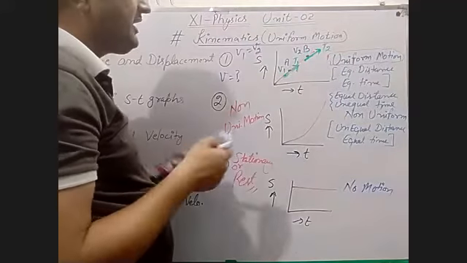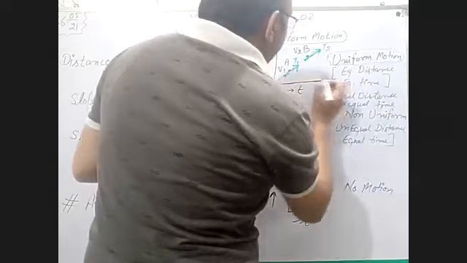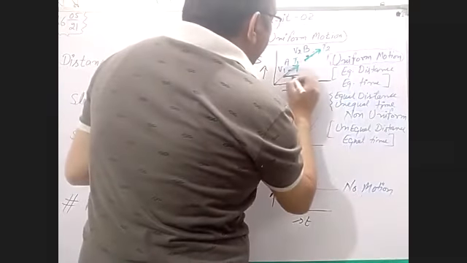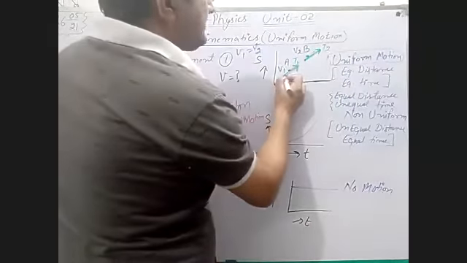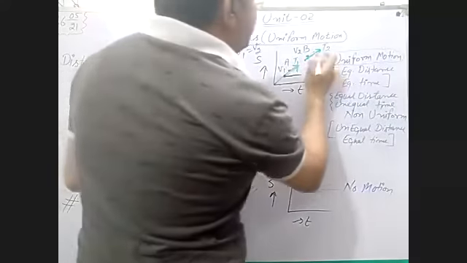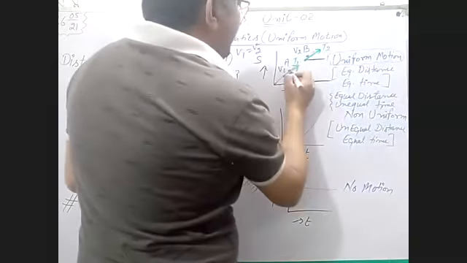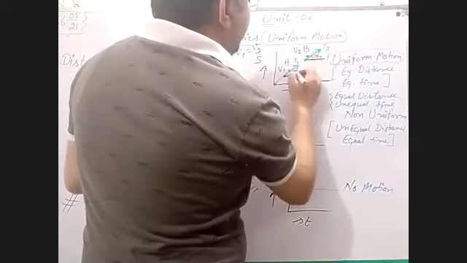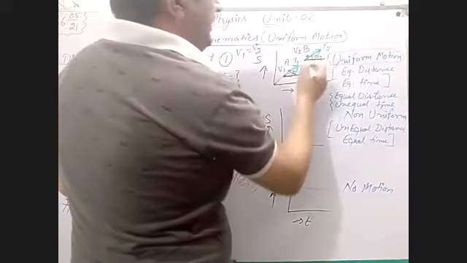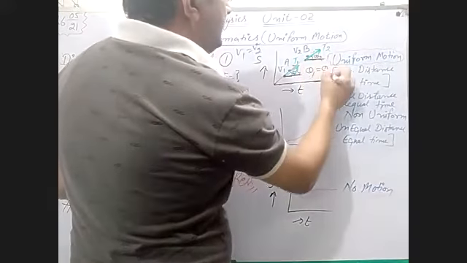Are you getting my point? The time axis is this one. Now draw this line at this condition, and again this line at that condition. Now, whose angle is greater, theta 1 or theta 2? In this case, theta 1 is equal to theta 2.